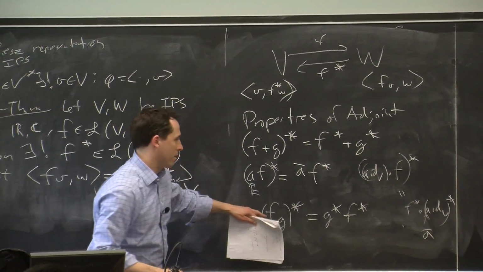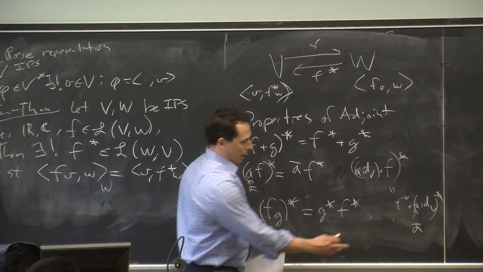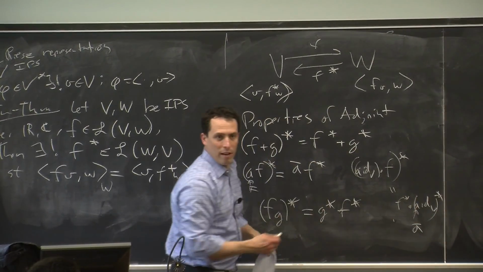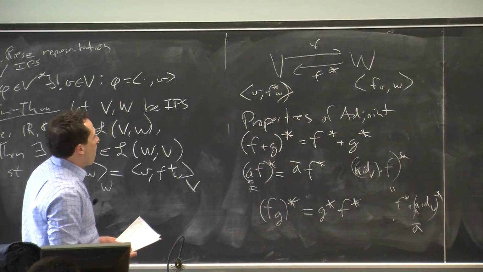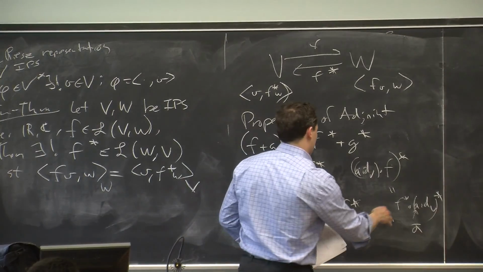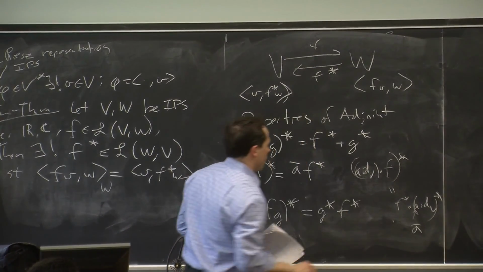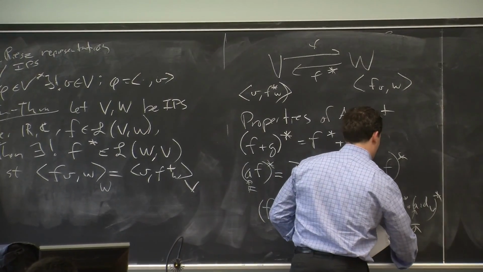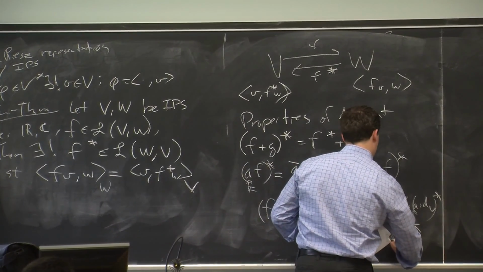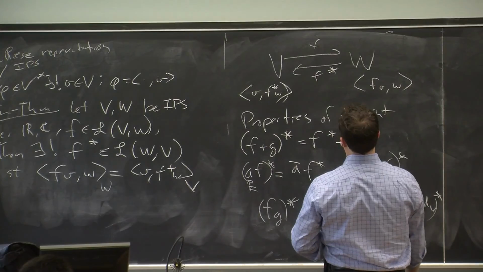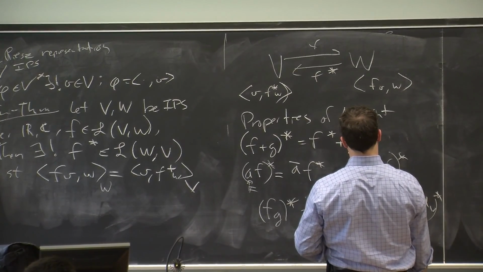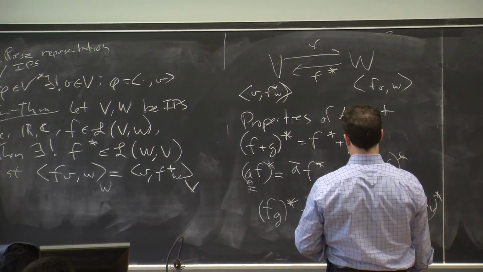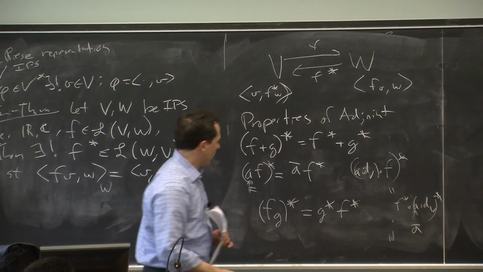So that's what I mean by this being a special case. And the diagonal matrix a times the identity on V commutes with F. Sorry, it doesn't commute with F in general, but in this case it does, because F star has the right direction.